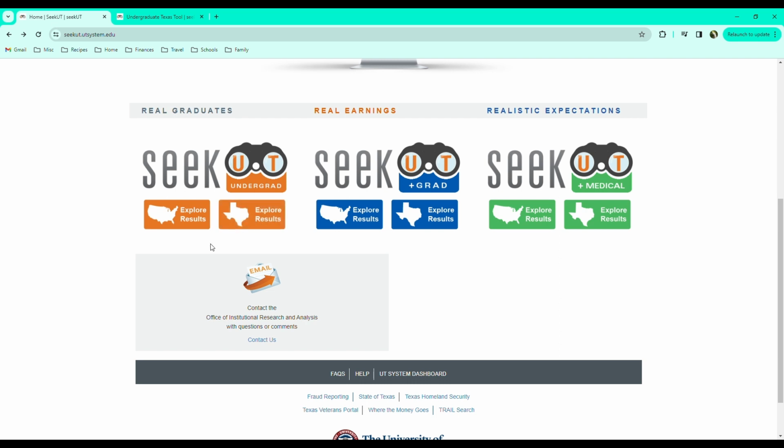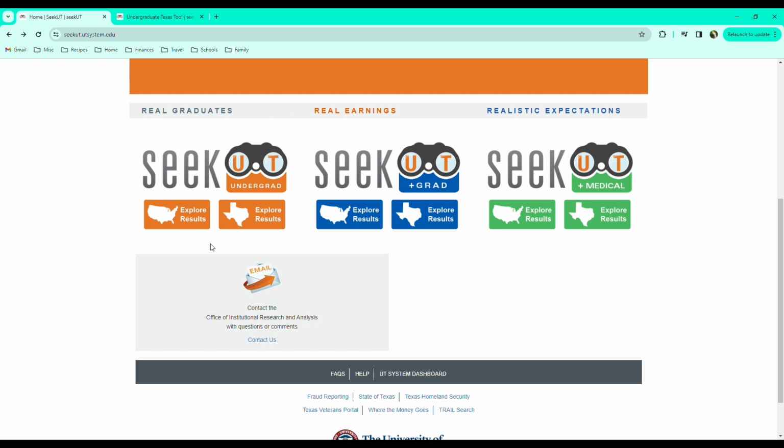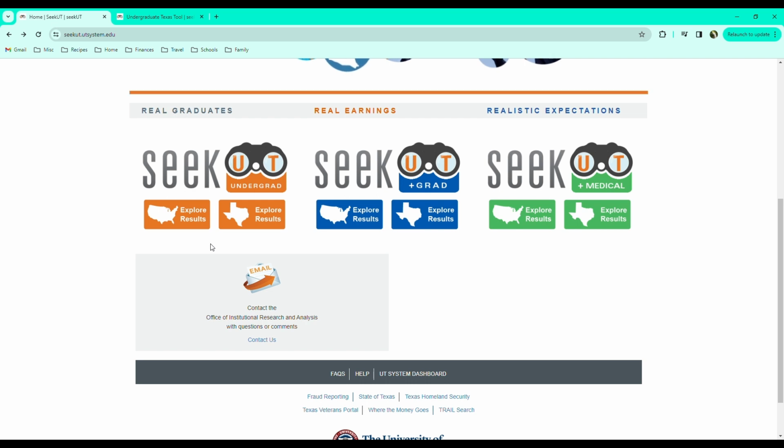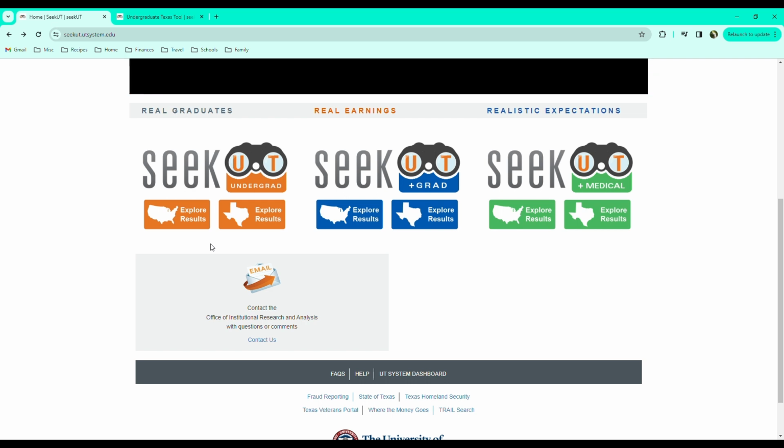This is the first school where I've seen where they separate the data by grads that go nationally and grads that stay in the state. Diving into this data, it becomes a little bit more complicated and harder to look at results as a whole when you've got them separated out like this.